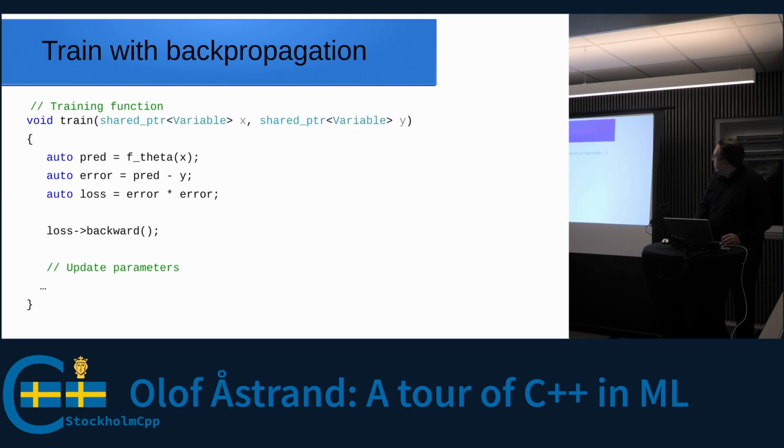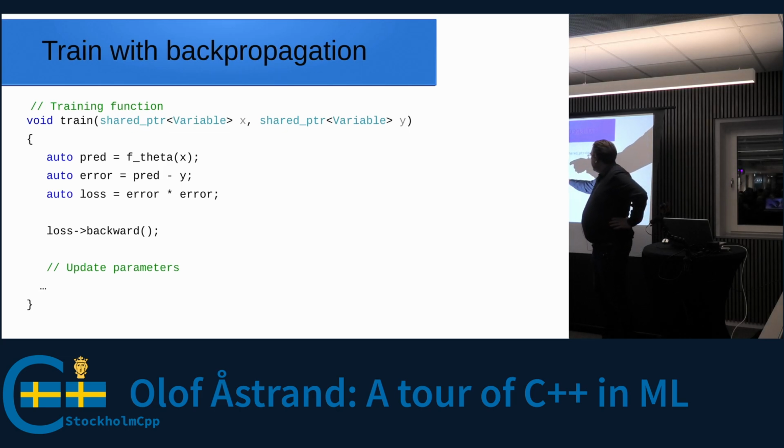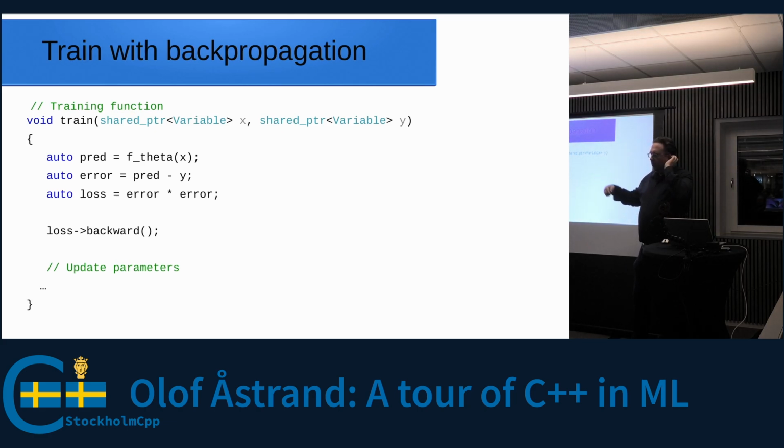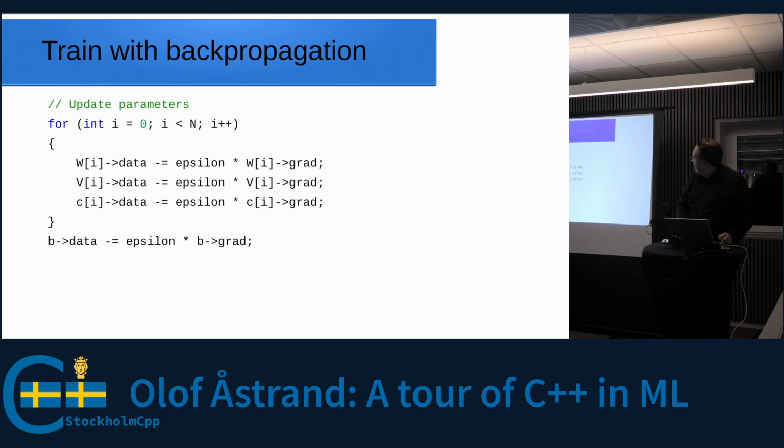So this is how you do it with backpropagation. You calculate the prediction, and then you look at the error, and you calculate the loss function. If you're using backpropagation, you're using the derivative of the loss function to find the direction where the loss function decreases the most. So you try to move in that direction. And this is how you update the parameters after you calculated the gradient.